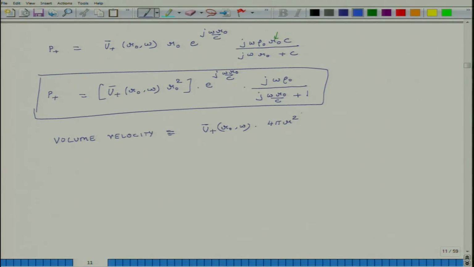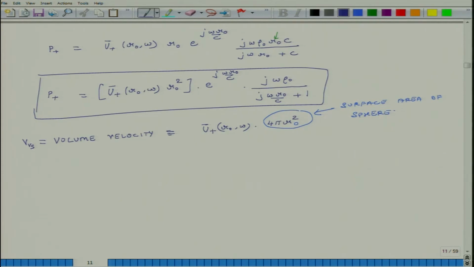4 pi r square is what? It is the surface area of sphere, and this I am going to call VVS, volume velocity of source. Why source?